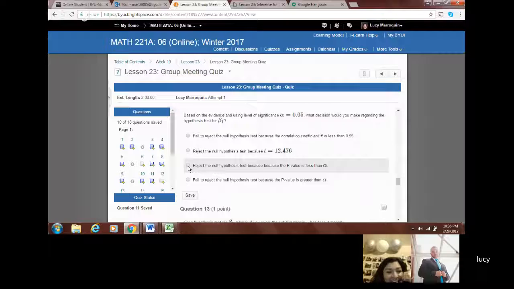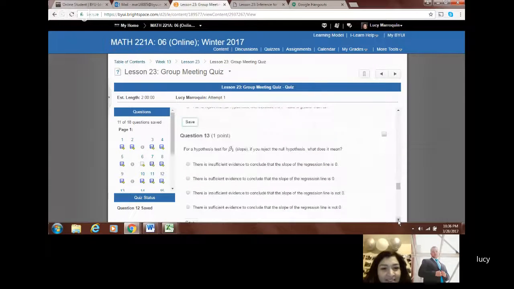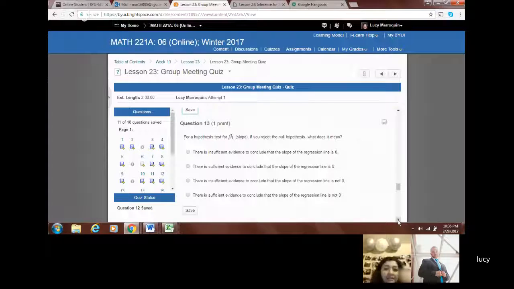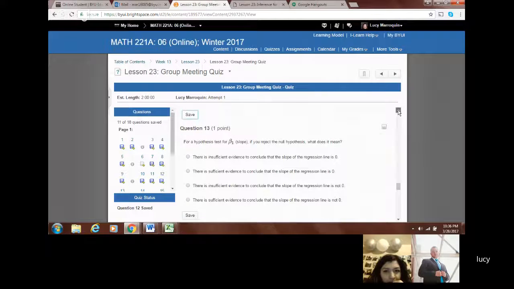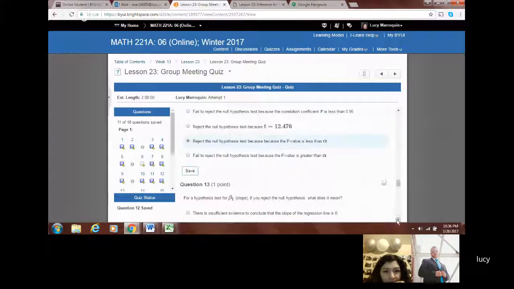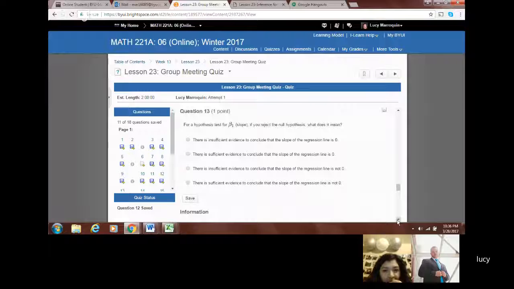So question 13, part C, correct? Hypothesis test for beta 1, the slope. If you reject the null hypothesis, what does it mean? If we reject, which we did, zero.